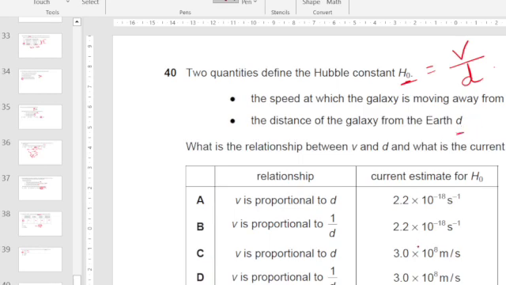So according to this, V is directly proportional to D. Yes, V is directly proportional to D, correct? And if you estimate the current Hubble's constant value, it will be this one. So option A is the correct option for the 40th question.